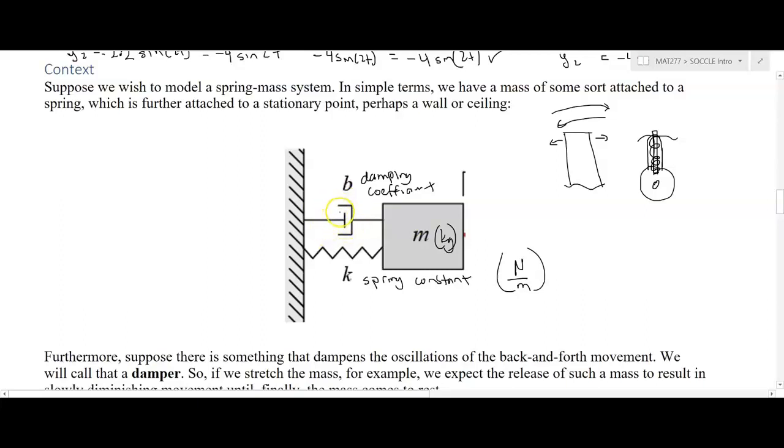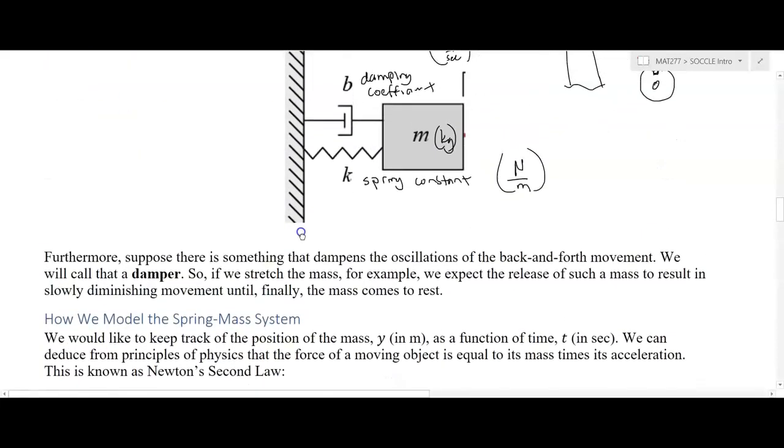It's a weird illustration, but anything that's going to slow down the oscillations. And b is measured in newtons per meter per second. So basically this is the amount of force that this damping coefficient applies for every unit of velocity, something you'd get into more in a physics context.